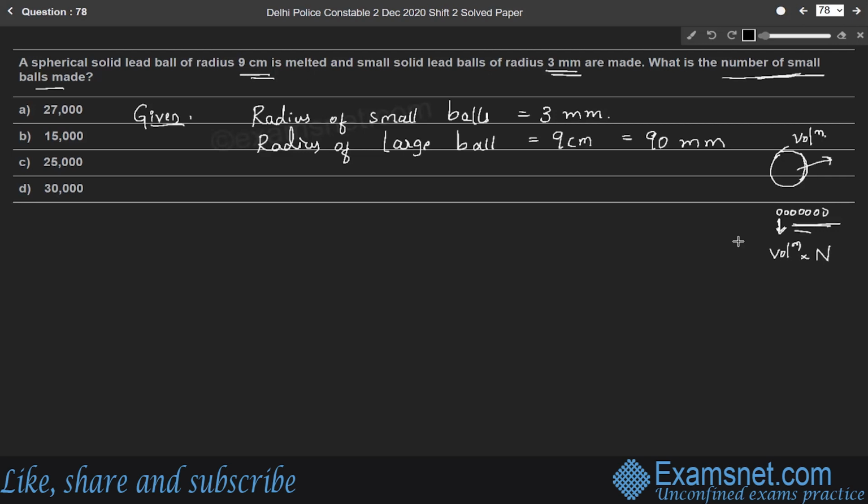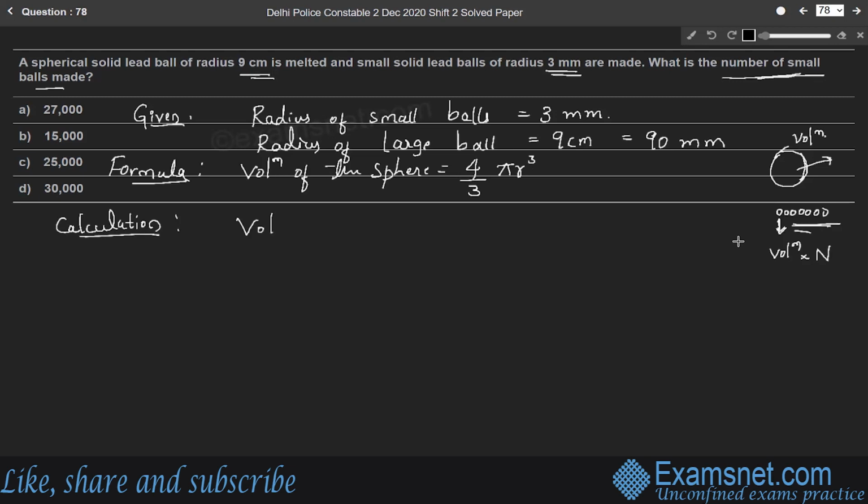For that we are using the formula, volume of the sphere is equal to 4 by 3 pi r cube, right? So let us find the volume of the large ball and the volume of the small ball.